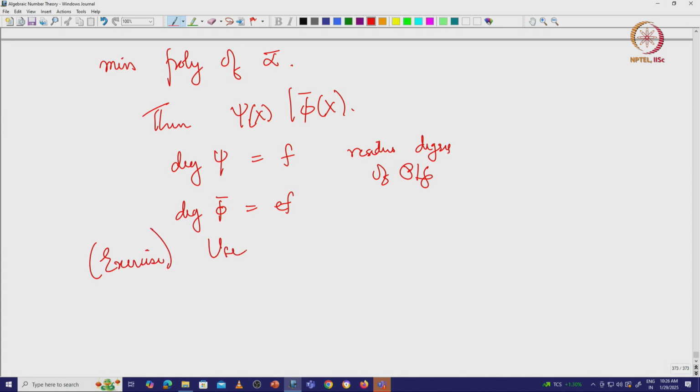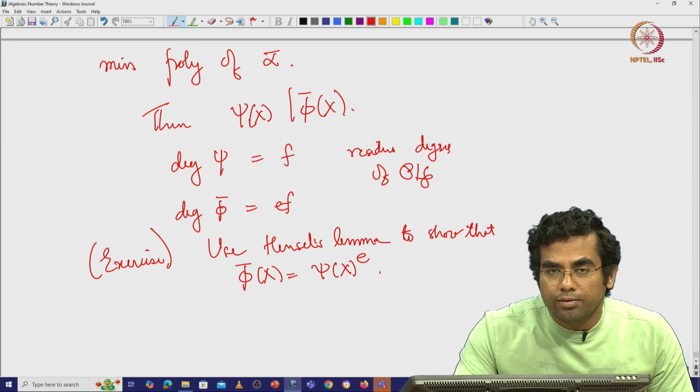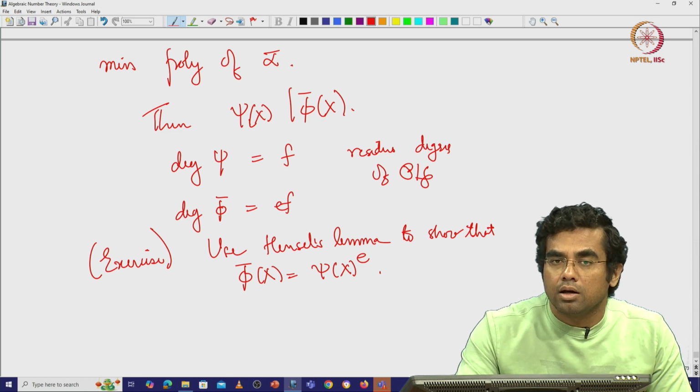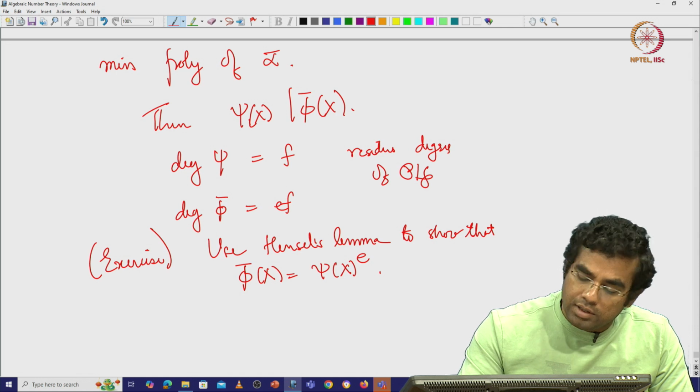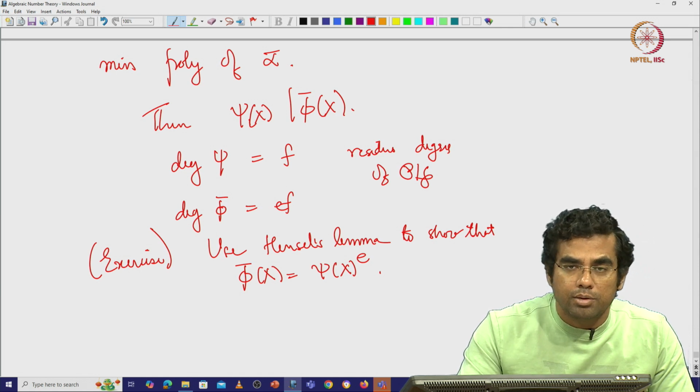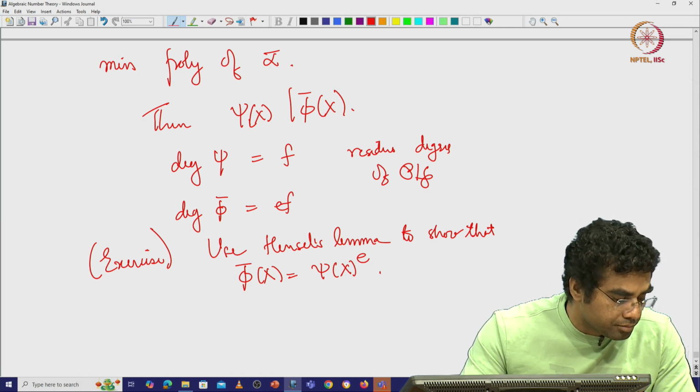So use Hensel's lemma to show that phi bar of x is psi of x to the power e. So all you have to show is that phi bar of x is a power of psi of x, and if you know that it's a power, then it will be to the power e, right? Because you just match up the degrees.